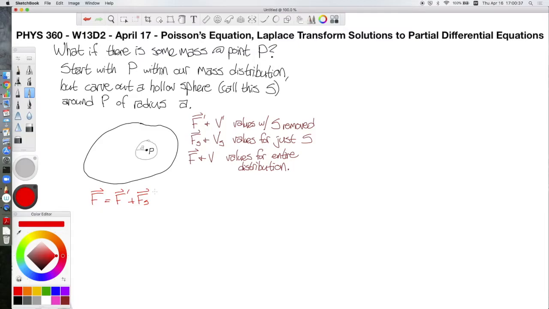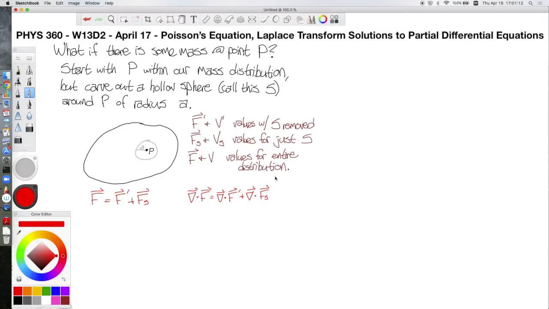So when we take the divergence of the overall force, something interesting happens. The divergence of F is going to be equal to the divergence of F prime plus the divergence of Fs.